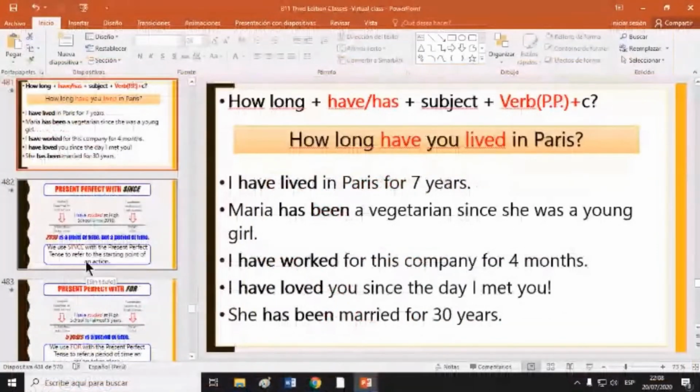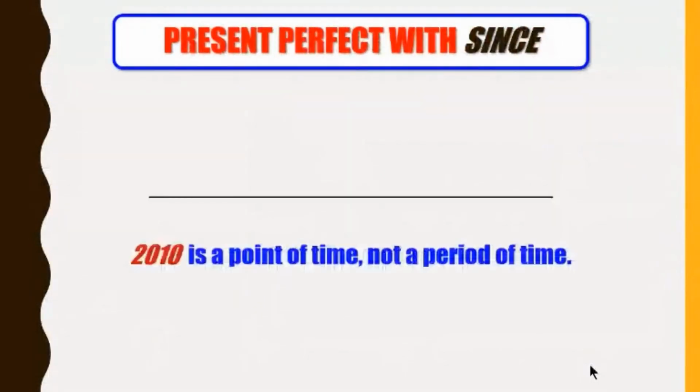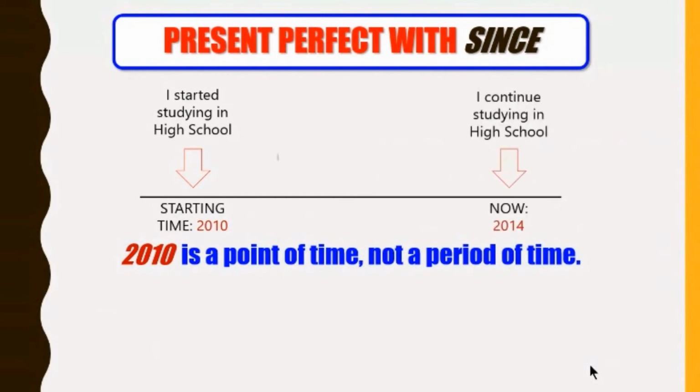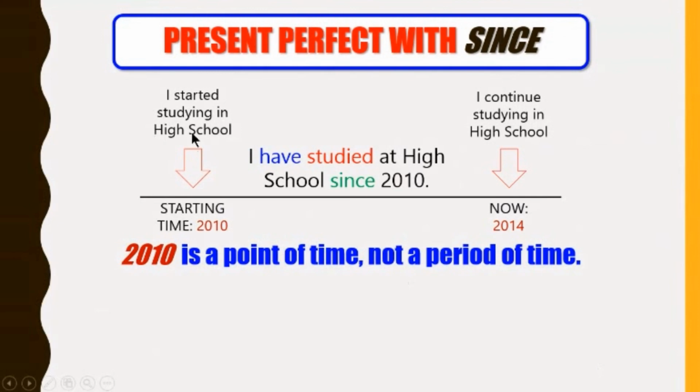When do we use "since" and when do we use "for"? We use "since" for a point of time, not a period of time, a point. For example, I have studied at high school since 2010. So, you started studying in high school in 2010.